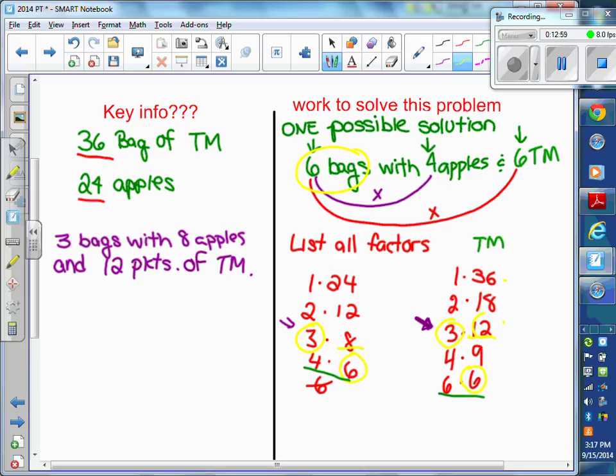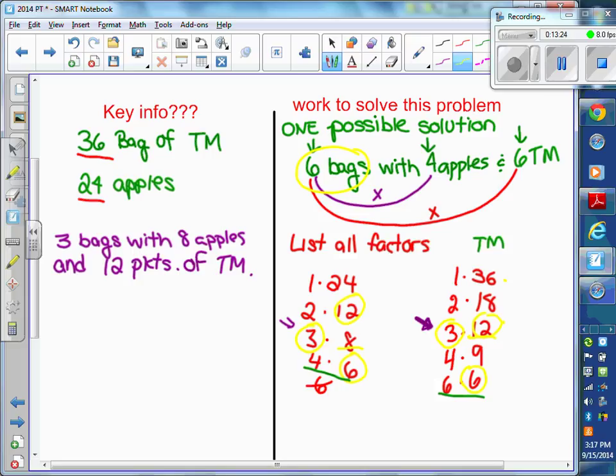Yeah. Okay. So, Devin, can you make 12 bags then? Yes. So how many apples would be in that bag? Look at the factor pair. If you have 12 bags, you have to divide the 24 apples into 12 bags. How many apples would be in each bag?